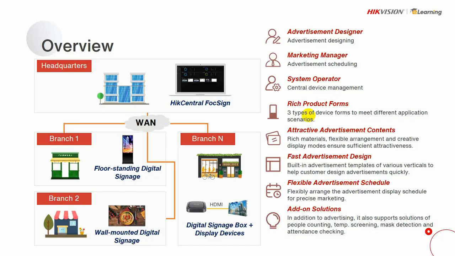So we have three types of device forms to meet different application scenarios. First will be floor standing screen, and then wall-mounted digital signage. And at last, if a screen is not a digital signage, we can also use a digital signage box to connect with the screen with an HDMI cable to let it play the function of a digital signage. Alright, so this is pretty much the example topology of our digital signage products.